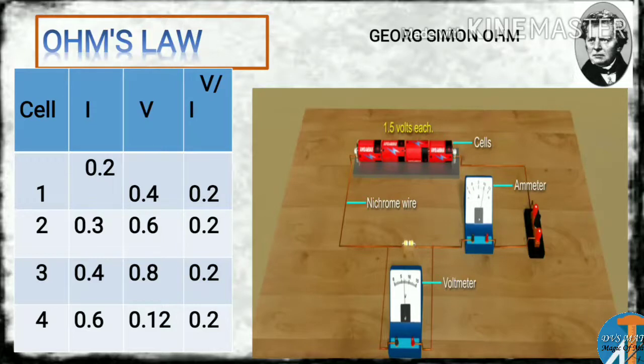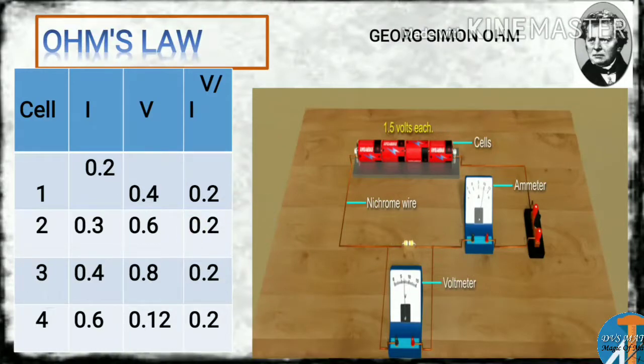Next he took 2 cells of 1.5 volt. The reading in the ammeter was 0.3 ampere, voltage 0.6. If we divide those two, again he got the constant value 0.2.